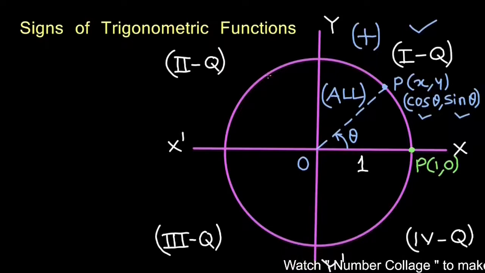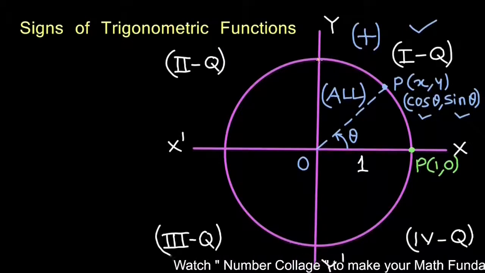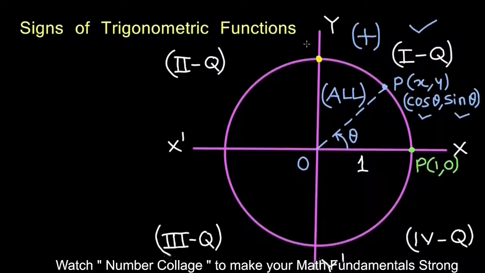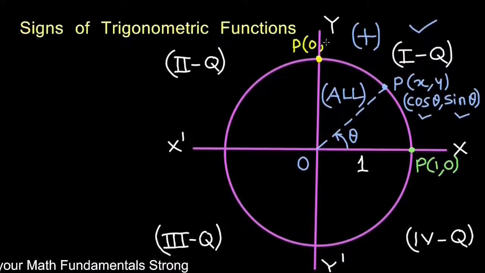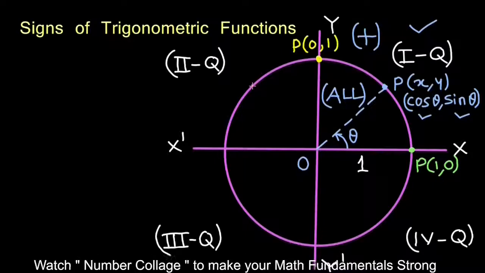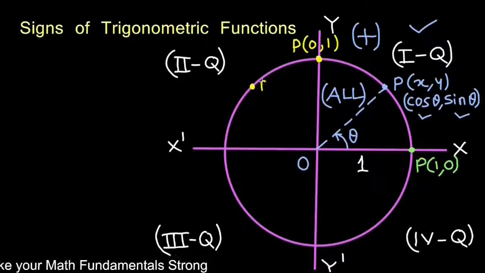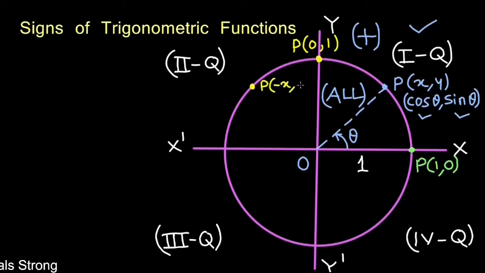Now we will take a point on the unit circle which is also on the y-axis, so its coordinates will be (0, 1). Suppose point P on the unit circle lies in the second quadrant, then its coordinates will be (minus x, y).